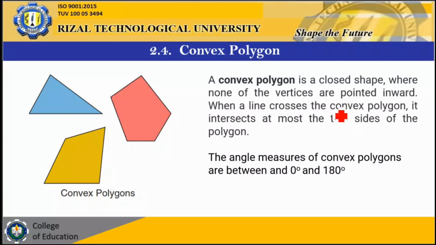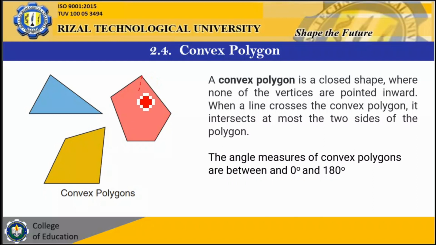Meaning to say that when a line crosses the convex polygon, it intersects at most two sides of the polygon. If we draw a line between two opposite vertices of that polygon, then it should be inside.